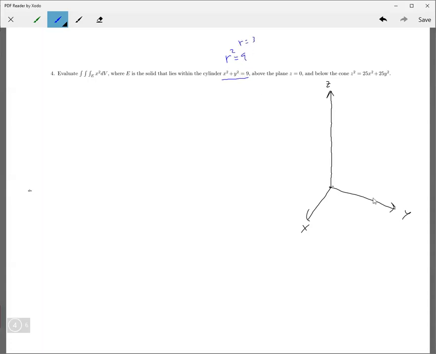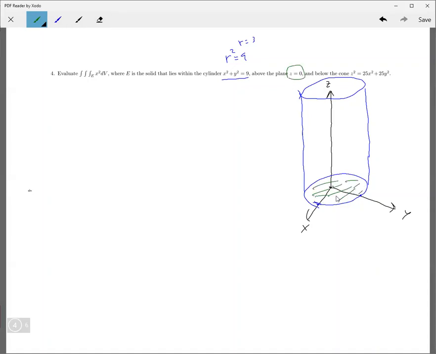So if you come out to 3, and to 3 here, and go around, then go up like this, that's what this one is. The center of the cylinder is the z-axis. Now you have the plane z equals 0, which is the lower bound.